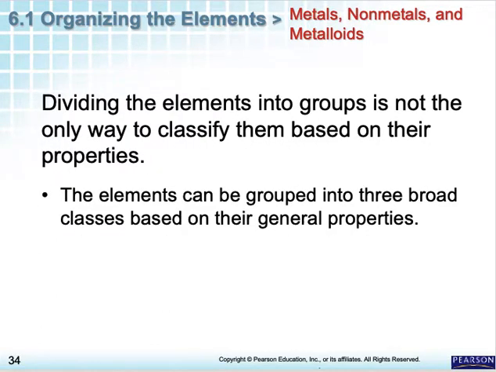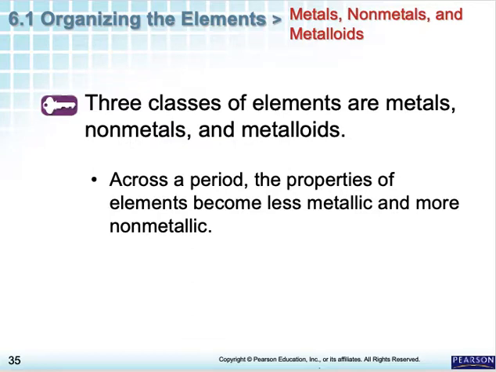Dividing the elements into groups is not the only way to classify them based on their properties. Elements can be grouped into 3 broad categories, and we've already mentioned those 3 names. Yes, you're going to have to know them, and it's based on their general properties. The 3 classes of elements are metals, nonmetals, and metalloids.